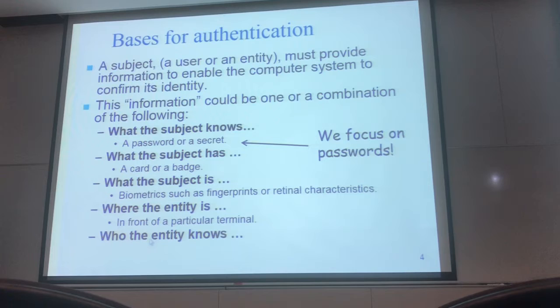So this is basically another type of authentication, and then who the entity knows. This is also something used in social networks. For example, if you want to reset your password, sometimes the system will ask you to provide the information of a few of your friends in your social network, and only when all of them send a response to certify this is the particular user, then the user is allowed to retrieve or reset the password.